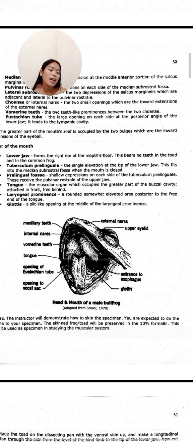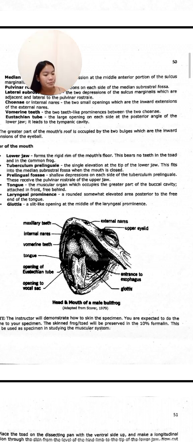These are the Eustachian tubes. They are used to equalize pressure in the inner ear while the frog is swimming. So, ma-equalize ang pressure sa imong inner ear while ang frog is langoy.